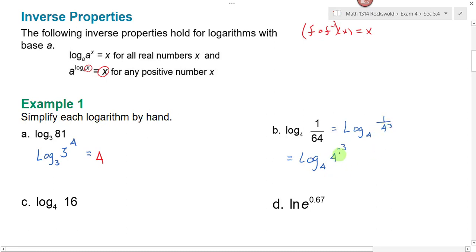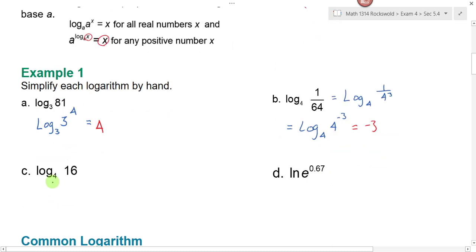So when it moves up to the numerator, I have to make that exponent negative. Now the base of the log and the base of the exponent are the same, and this would be equal to negative 3.